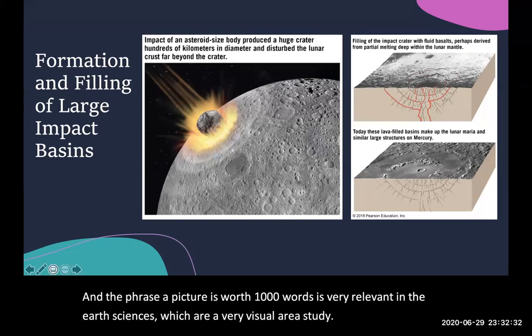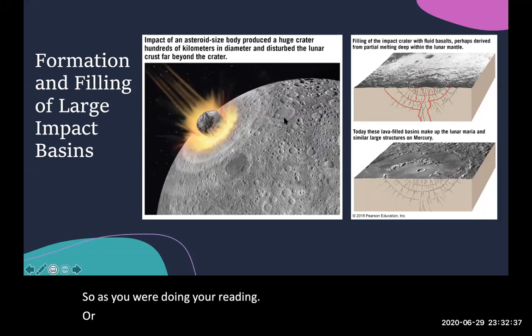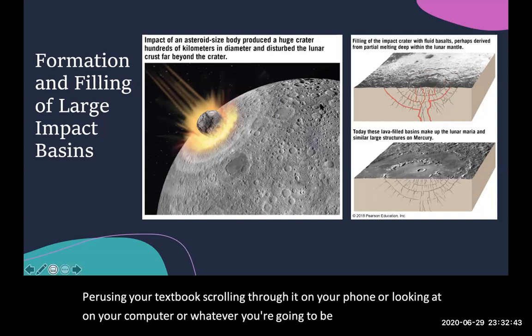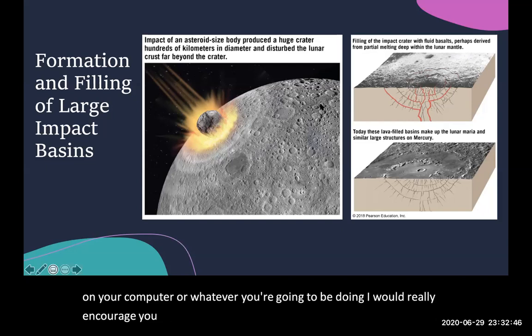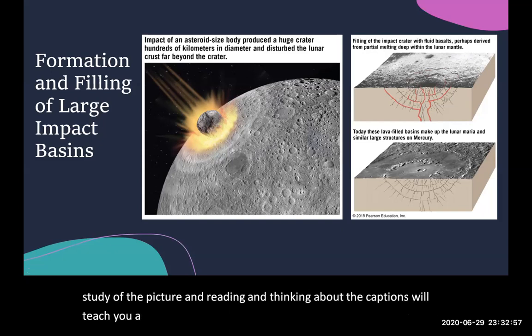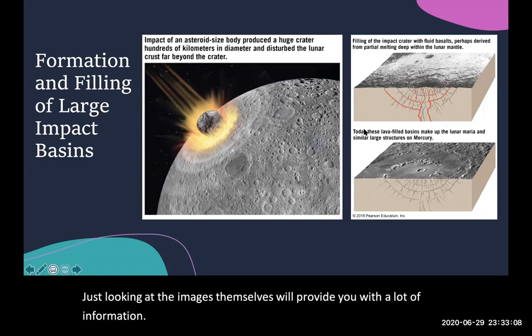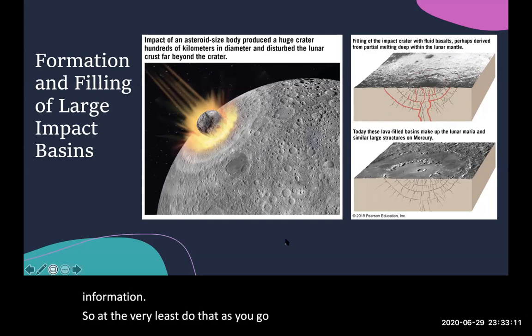So as you are doing your reading or perusing your textbook, scrolling through it on your phone, or looking at it on your computer, I would really encourage you to take a look at the pictures, because a good, careful study of the picture and reading and thinking about the captions will teach you a lot. And in some cases, if you don't have enough time to complete the reading, just looking at the images themselves will provide you with a lot of information. So at the very least, do that as you go through the chapters.